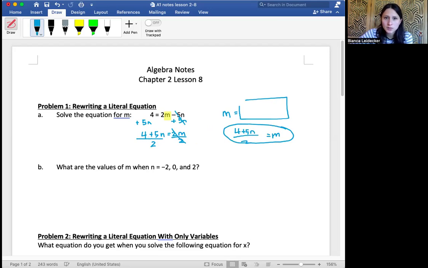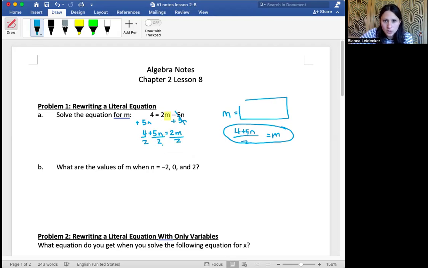Or you can think through this as another way. I can separate this out. Okay, I might just have to rewrite it. Where this 4 plus 5n, you're dividing by 2, where the 2 goes into every single term here.